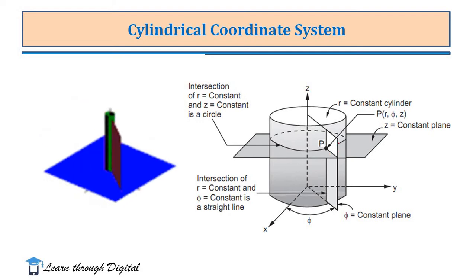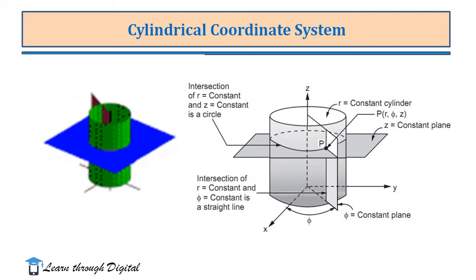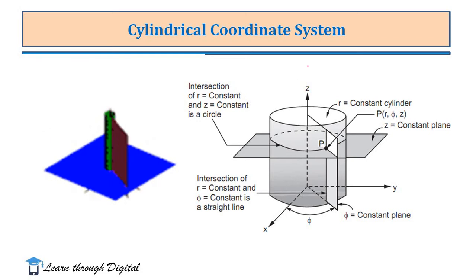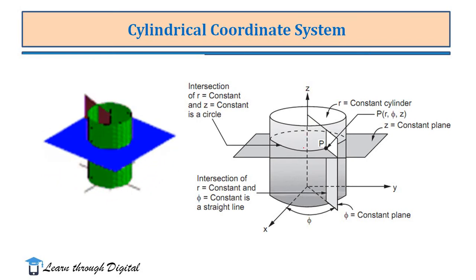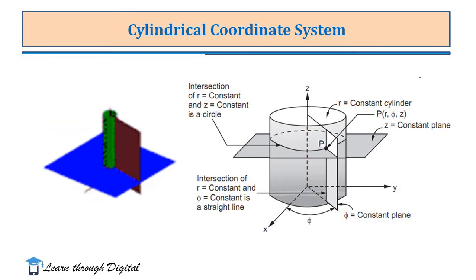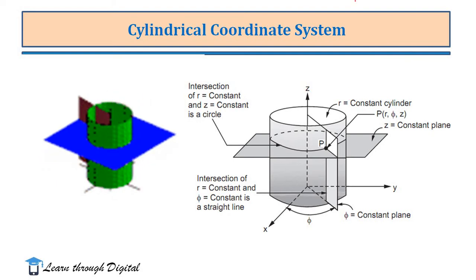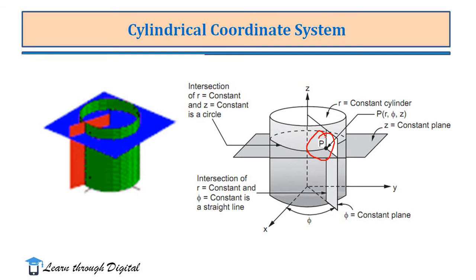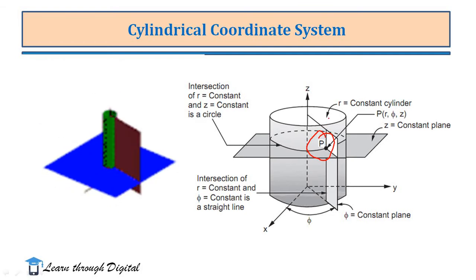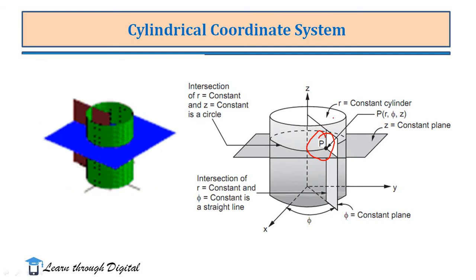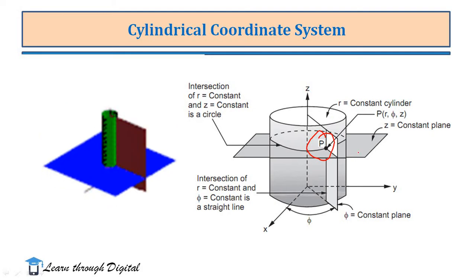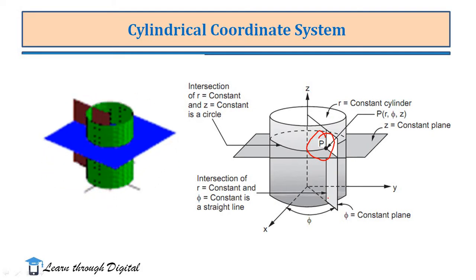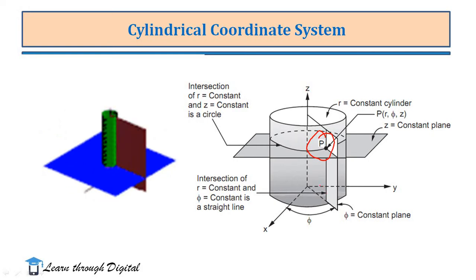The point P, which is the intersection of all three surfaces, is represented in this illustration. This is point P, the intersection of the circular cylinder, the phi equal to constant plane, and the z equal to constant plane.